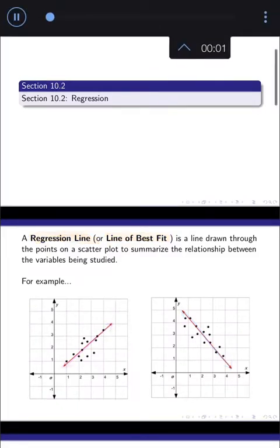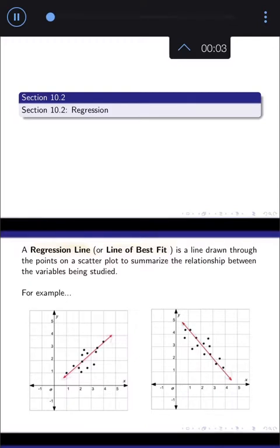In section 10.2, we'll talk about regression. What that means is we're going to be looking for the equation of the line that best fits our scatter plot data.